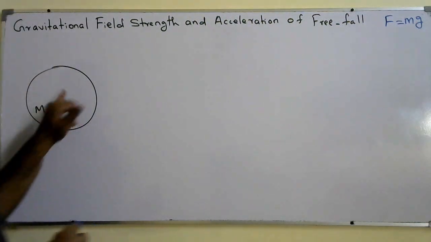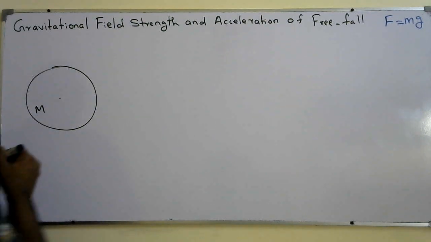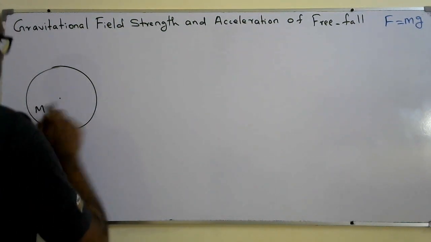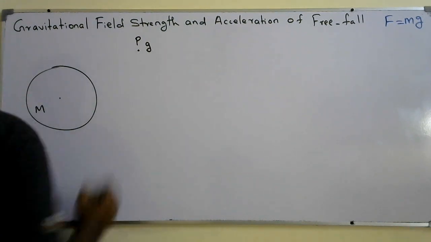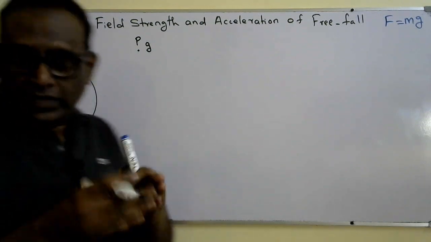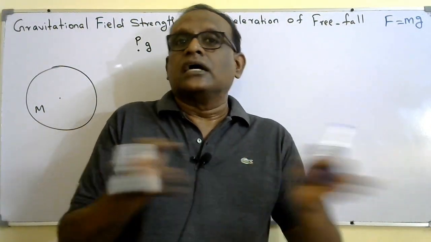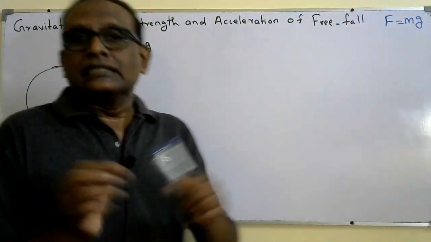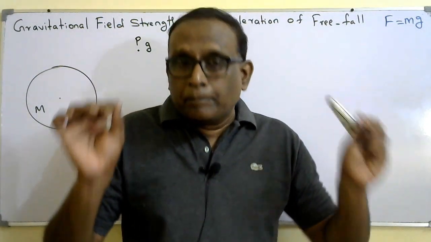Okay, so here there's a planet or moon or star, whatever it is, and its mass is capital M. The gravitational field strength of this particular planet at point P, let it be g. That means if I keep an object there, we are going to learn Newton's law of gravitation, where we'll get an equation for the force between two masses.